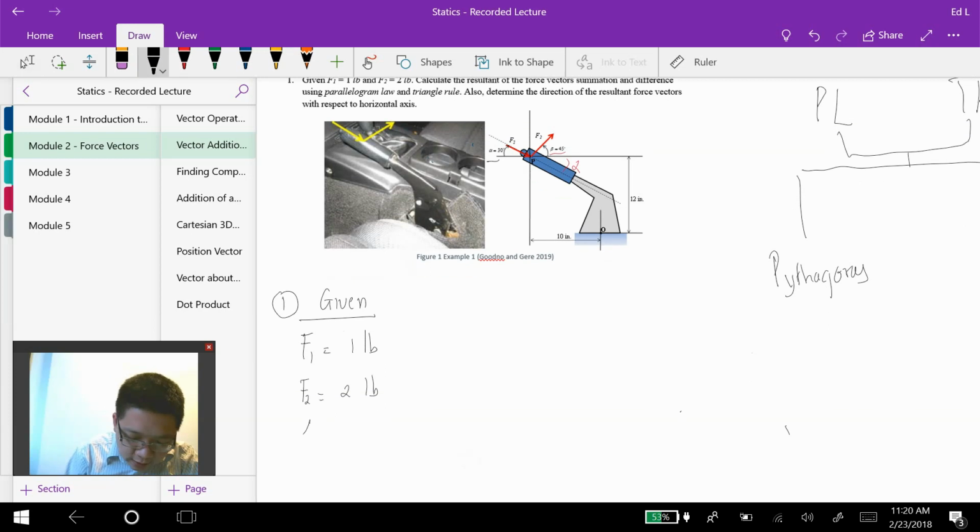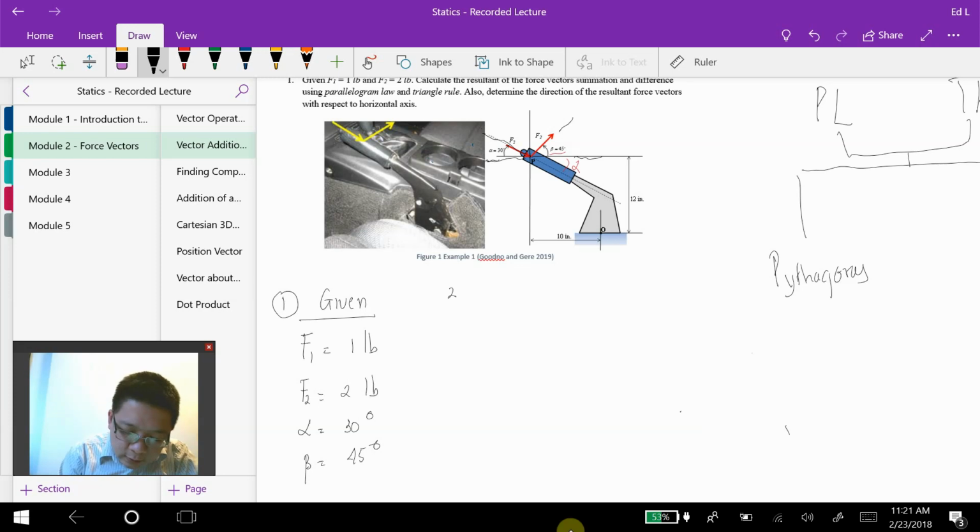And then alpha is 30 degrees, which is the angle made between force F1 and the horizontal axis, right? And then beta is 45 degrees, which is the angle made between the force F2 and the horizontal axis.